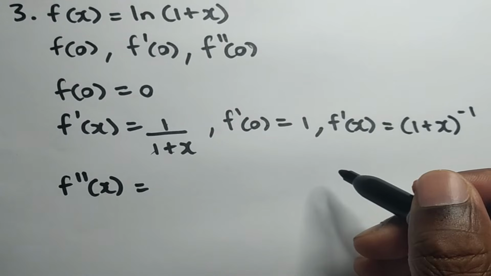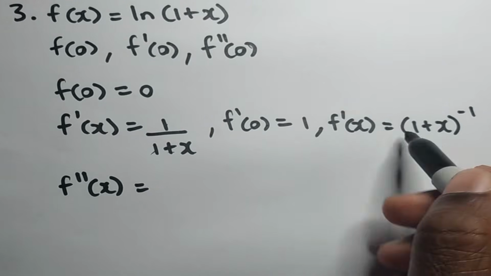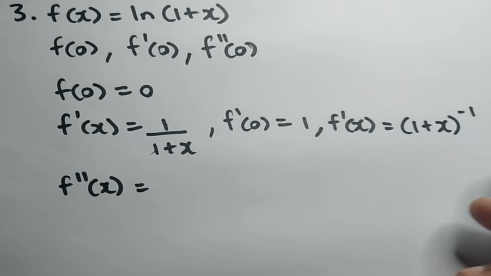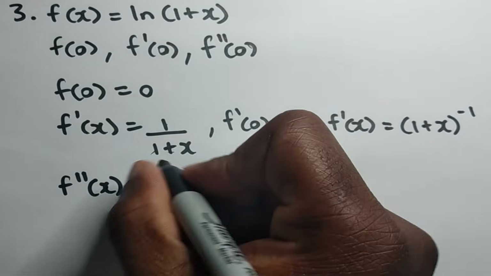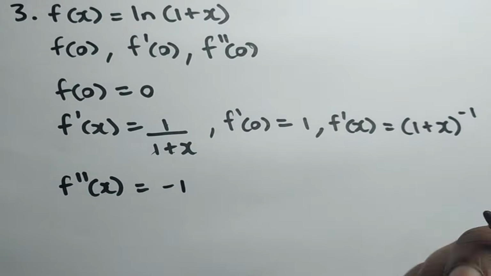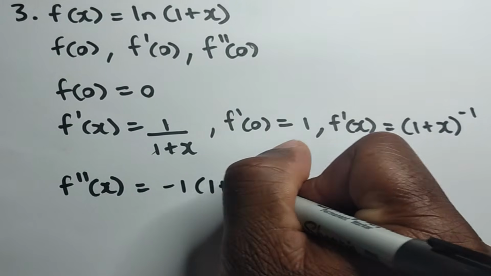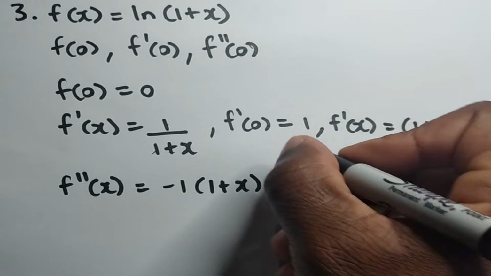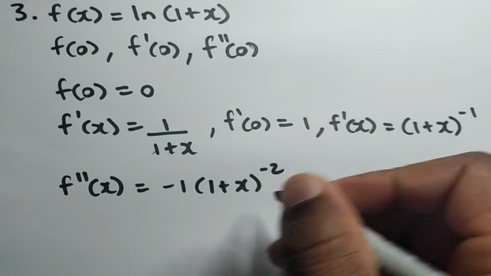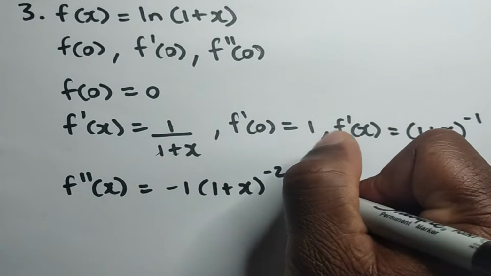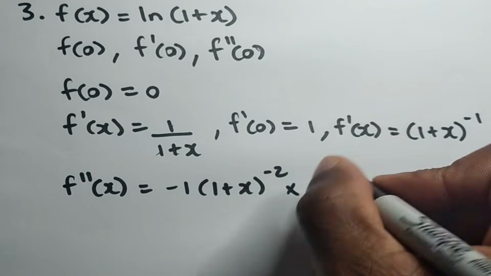Anyways, either way works. We're going to use the chain rule to differentiate this. So we multiply the bracket by the power: negative 1 times what we have in the bracket, 1 plus x. Then we subtract 1 from the power, and we have negative 2. Then we multiply this by the differential of the bracket, which is 1.